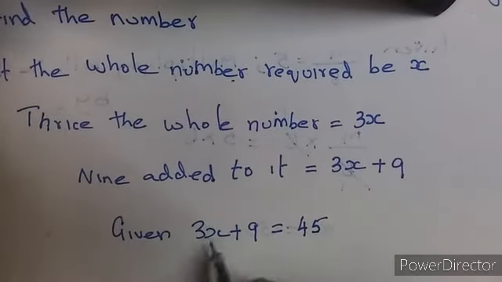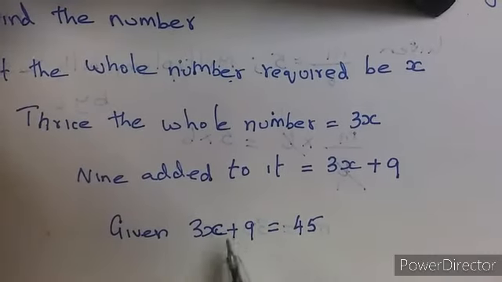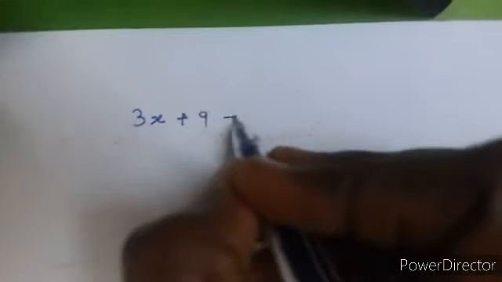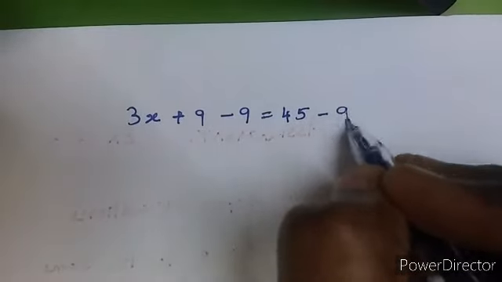Now students, we are able to find the value of x. What we have to do: the first step, subtract 9 on both the sides, and then divide by 2 on both the sides. Let's do the sum. Subtracting 9 on both the sides, 2x plus 9 minus 9 equal to 45 minus 9.